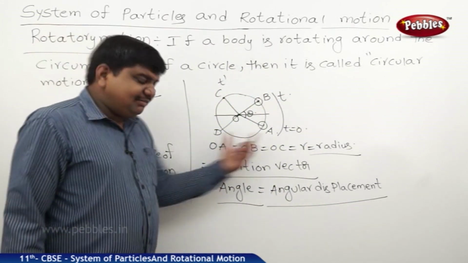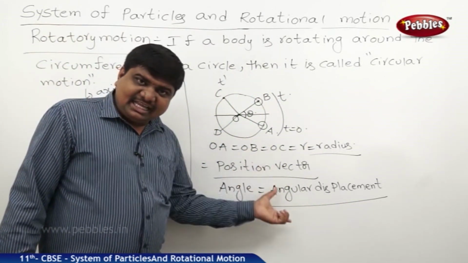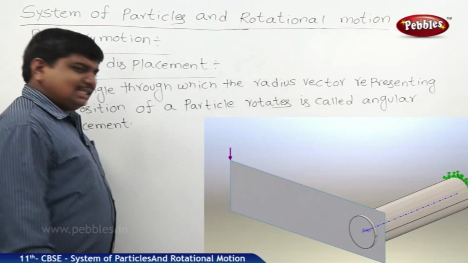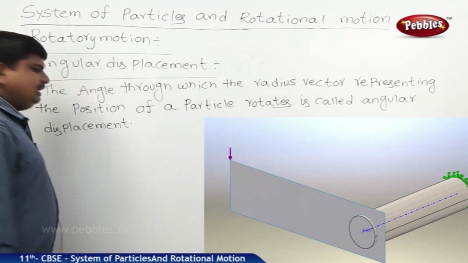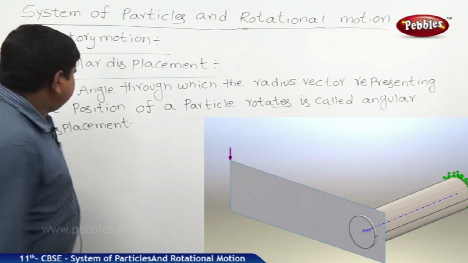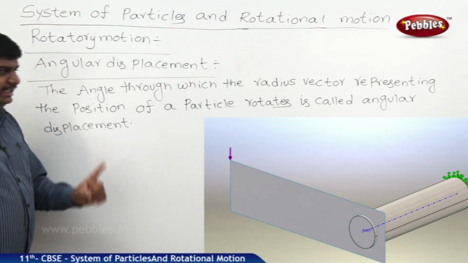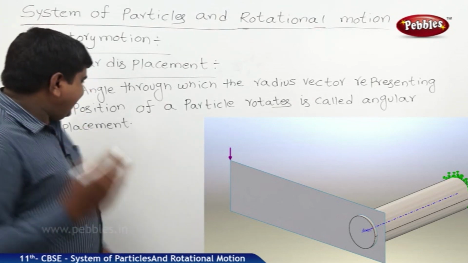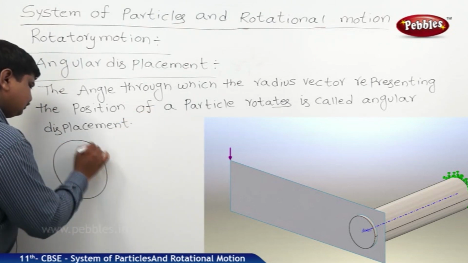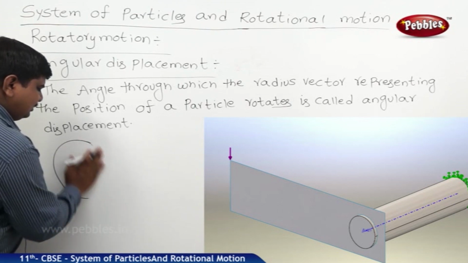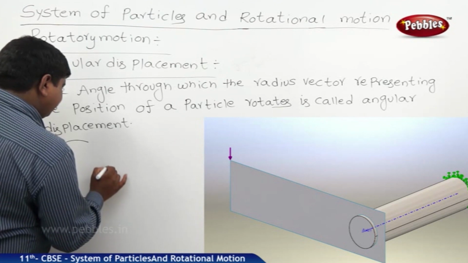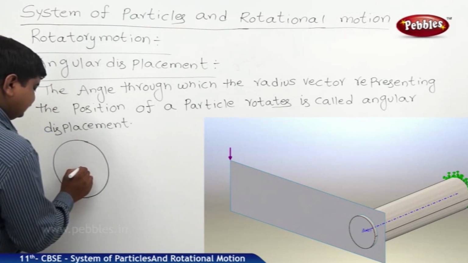Now we will discuss the equation parts which are related to the displacement, velocity, acceleration. So what is angular displacement of a rotating body? It is defined as the angle through which the radius vector representing the position of a particle rotates. That means this is the radius vector which includes the different points or positions of a body along the circumference of the circle.